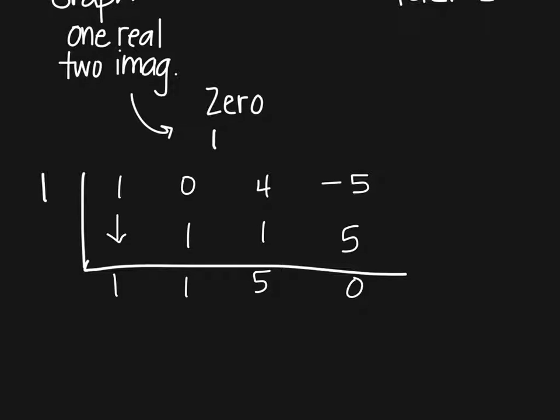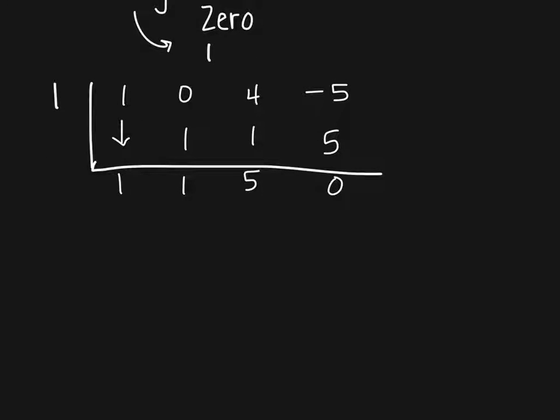It's nice when you don't have to work with imaginary numbers, at least at this stage in the game. All right, now we're going to reattach our variables back onto that. So that'll be 1x squared plus 1x plus 5. And that equals 0. And then we'll use the quadratic formula on that one.